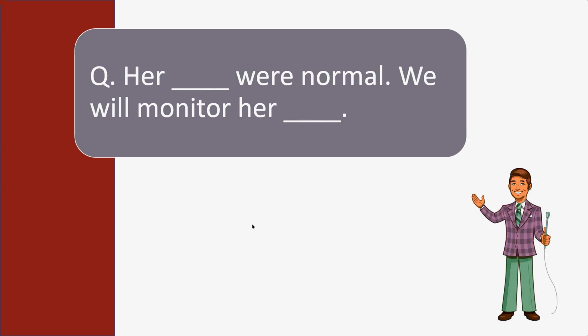Okay, so again, it could be under abbreviations, and it might talk about plural form on the side. It could be under plural. The chapter on possessives and plurals might say abbreviations on the side. I don't know. Could be either or. Her MRIs were normal, and her RBCs, or we will monitor her RBCs.